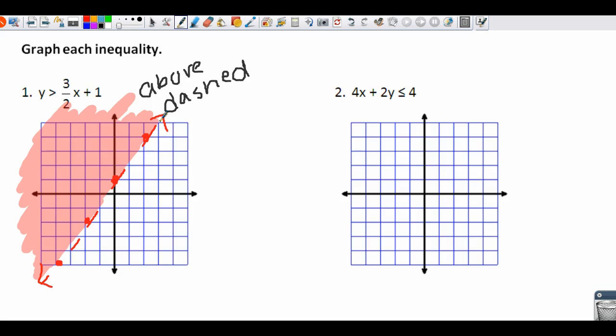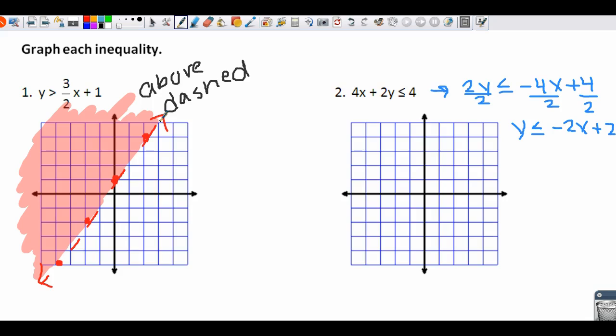In example number 2, my y value is not isolated. So in order to do the above, the dashed, etc., you would want to isolate your y. So I'd subtract over 4x and then divide by 2. So I get that y is less than or equal to negative 2x plus 2.